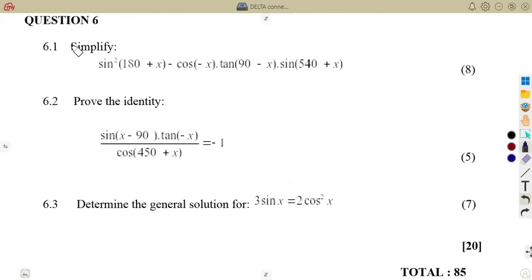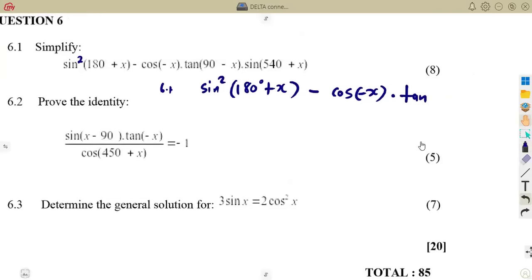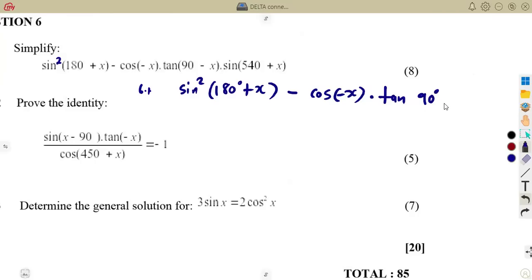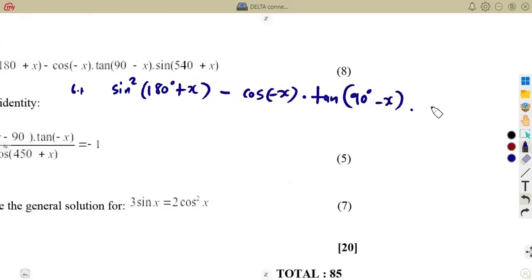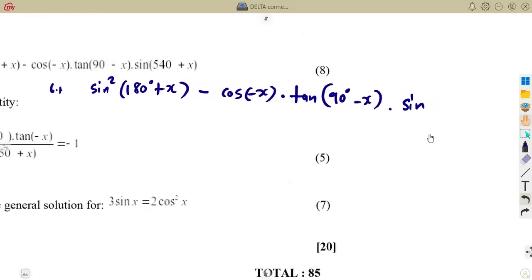Another question you are given: simplify. This is sine squared of 180 degrees plus x, minus cos of minus x, times the tan of 90 degrees minus x, times the sine of 540 degrees plus x.